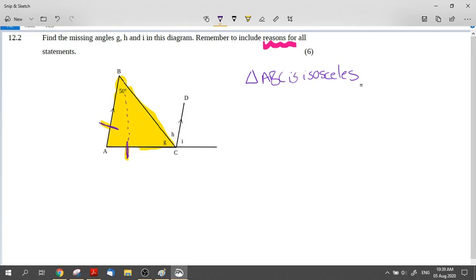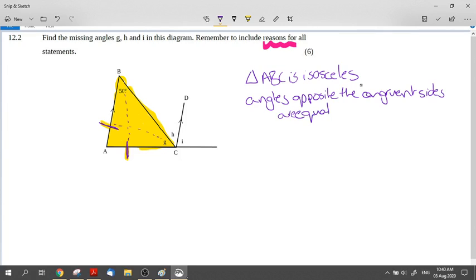Okay, and what do we know about an isosceles triangle? We know that the angles opposite the congruent sides are equal. Sometimes they're called the base angles, but this triangle's turned around. But it's the rule that the angles opposite the congruent sides are equal.